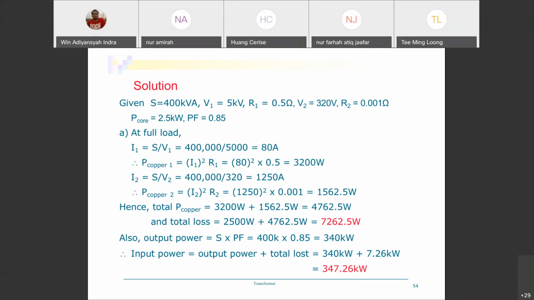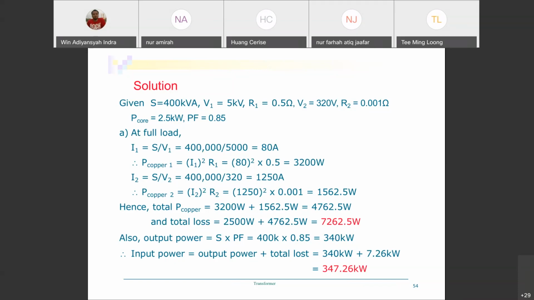So you have the total loss of copper from the primary side combined with the secondary side. P copper 1 plus P copper 2. P copper A plus P copper B. P copper primary plus P copper secondary.